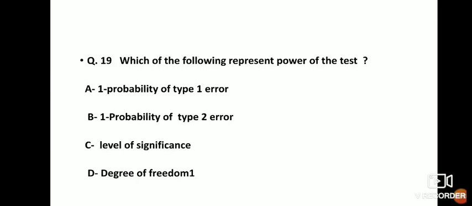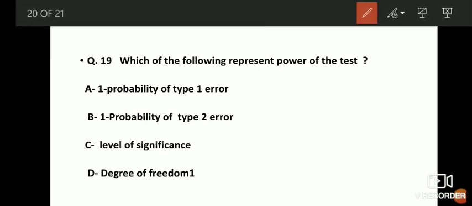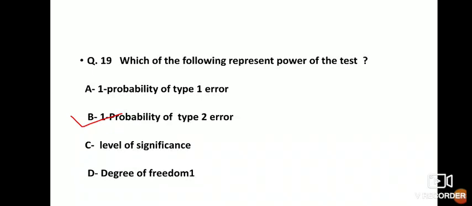Power of the test is known as 1 minus probability of type 2 error, or 1 minus beta. Beta is the symbol of type 2 error. So 1 minus beta, or 1 minus probability of type 2 error, is called power of the test, and it is given in option B.